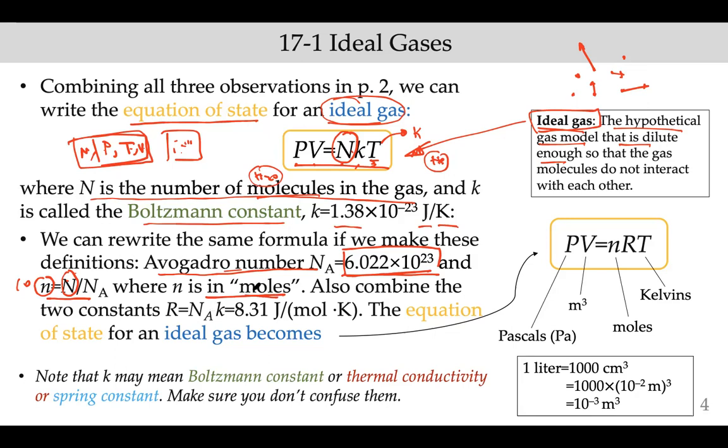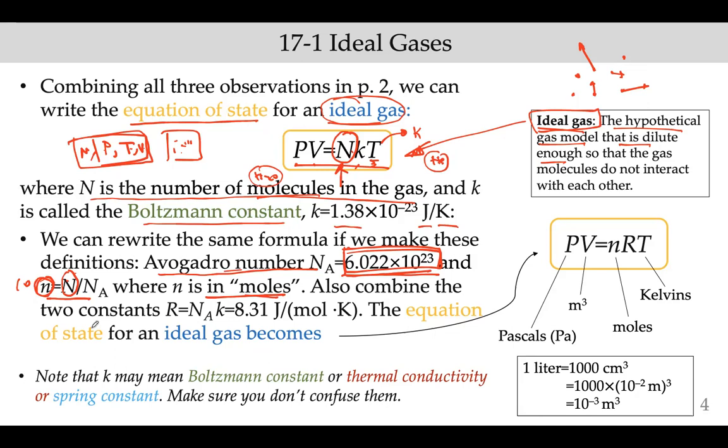It's not 1 million, it's not 1 trillion, it's actually this huge number. So it's hard to deal with these large numbers. Instead of using the number of particles, which is usually huge, why don't we just use moles? And that's in fact the case, in most of physics and chemistry, people use moles instead of the actual number of particles.